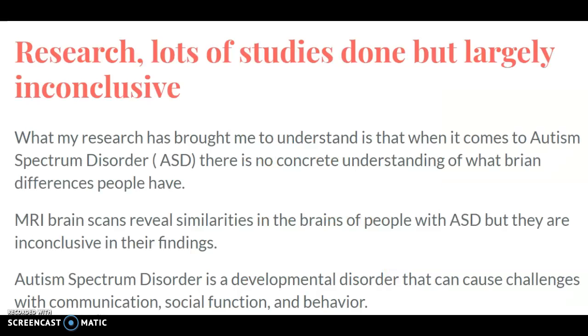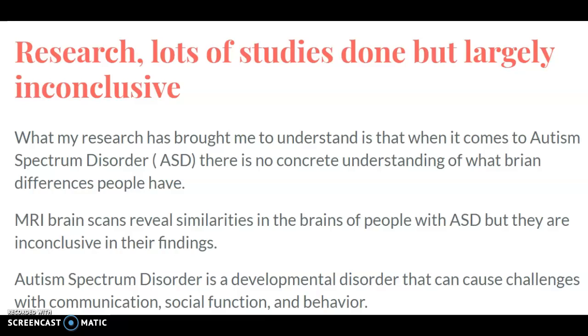There has been a lot of research done, there's been a lot of MRI brain scans, but there's no concrete understanding of what specific brain differences people with autism spectrum disorder have. They're simply inconclusive. There are similarities that are seen. For instance, people on the autism spectrum have deeper grooves in their gray matter.